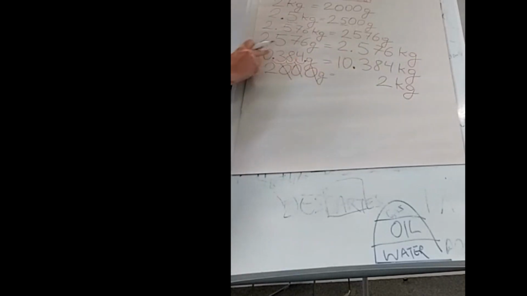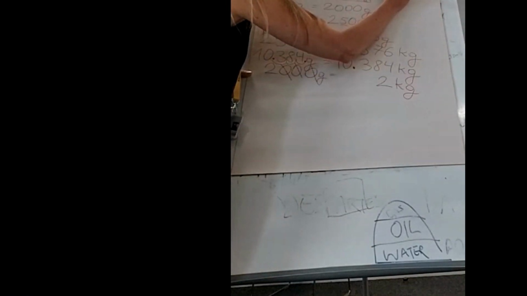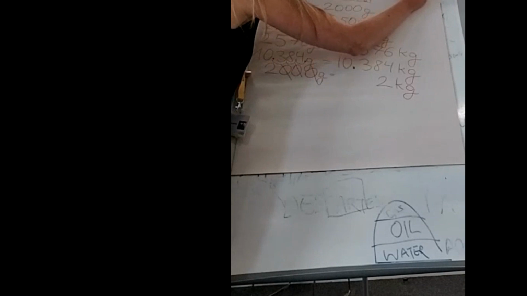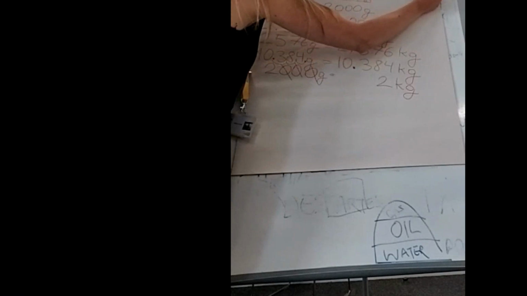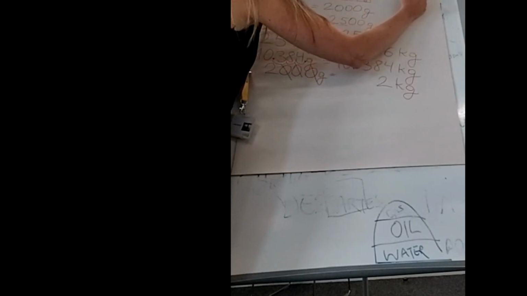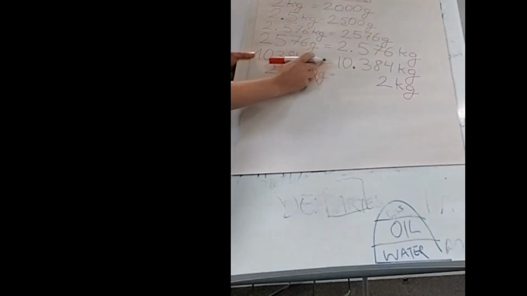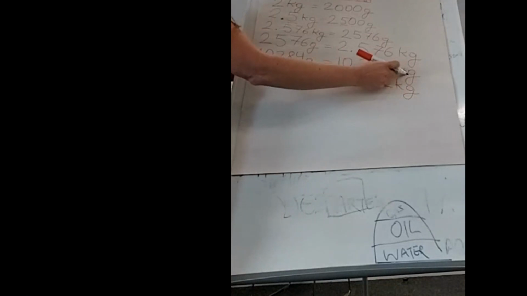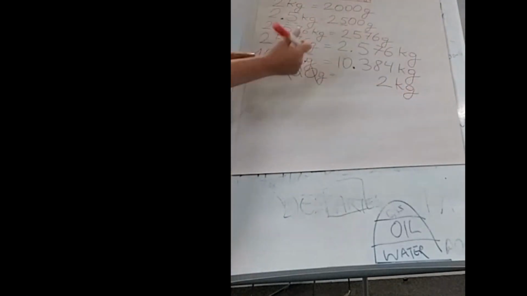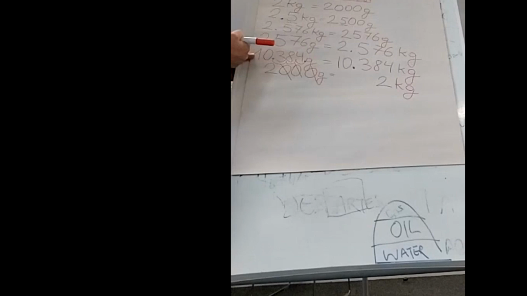Okay. So how did we do that? That was a small unit. So our rule is small unit to big unit. We had grams, which is a small unit, and we wanted to convert it to a big unit. In which direction was the dot moving?